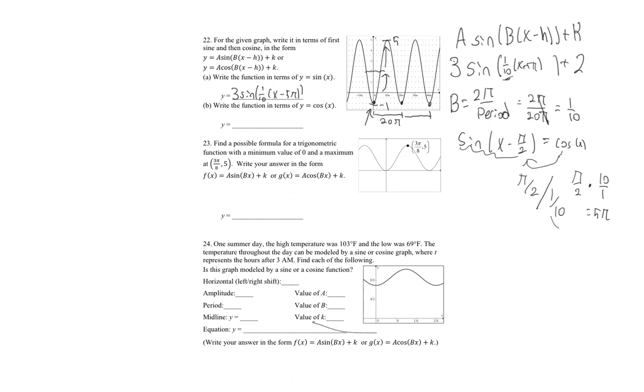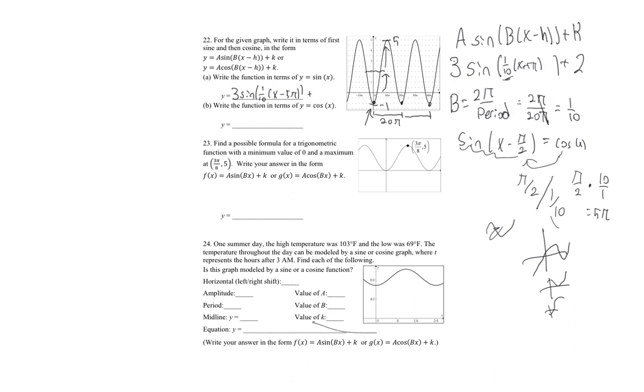One way we can think about this is if I distribute the 1 over 10, I'll get something times x minus pi over 2, which is how you shift a sine from starting in the middle of your wave versus starting at the top or the bottom, which in this case is the bottom of the wave.